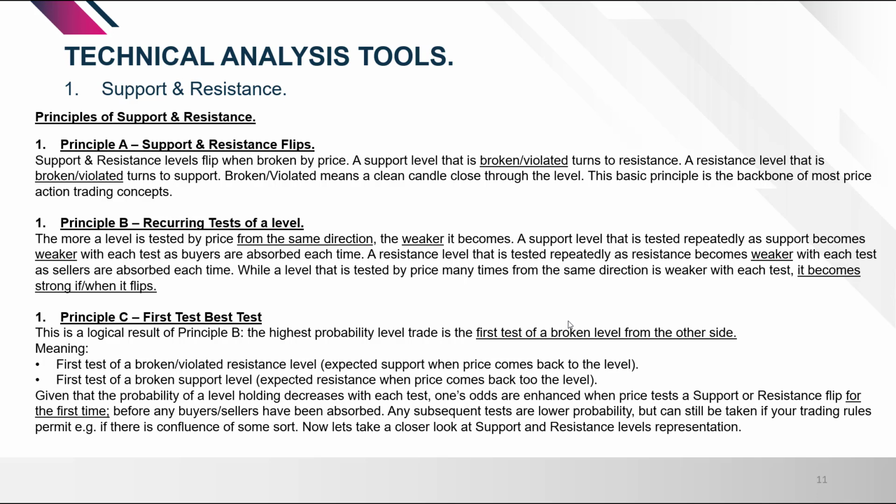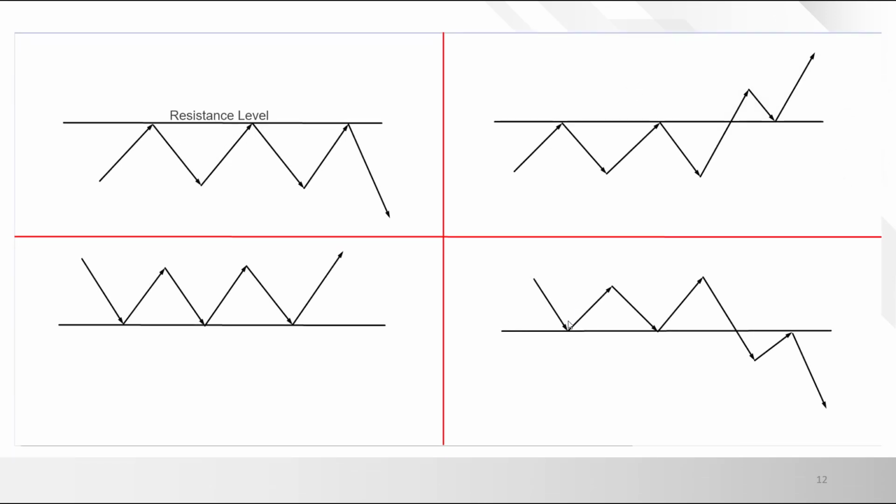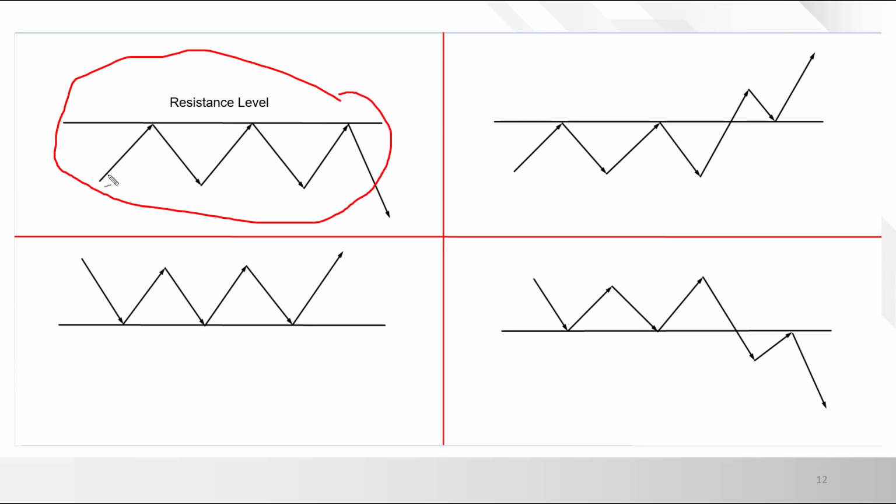Now let's take a closer look at support and resistance level representation. Firstly, we've got a representation of resistance. The arrows are depicting price movement.